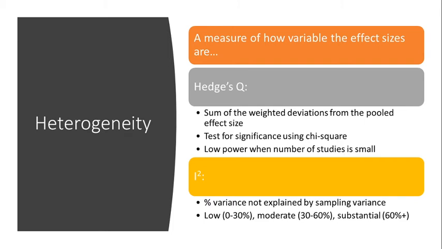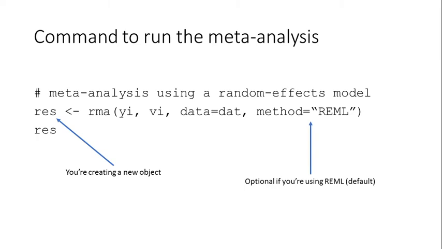So all this to come to how to actually run your meta-analysis. You tell R to make a new object, which is the meta-analysis of your data. So your data is here, you're telling it where it is. You're telling it to run it on yi and vi, those columns that you've got in your data.